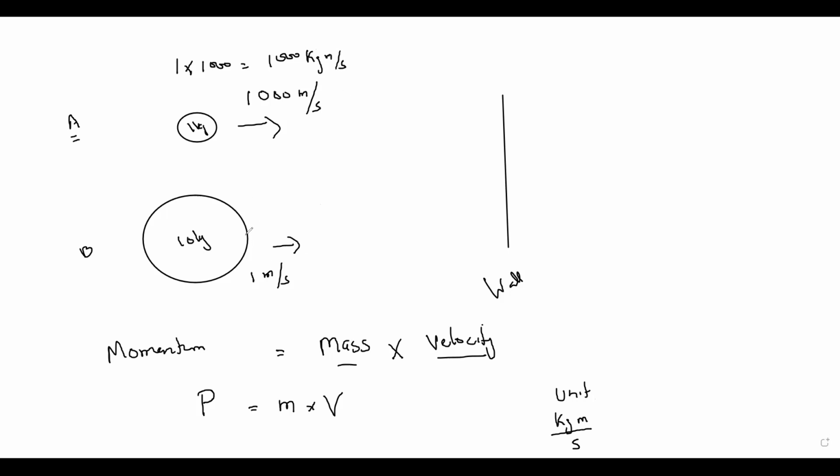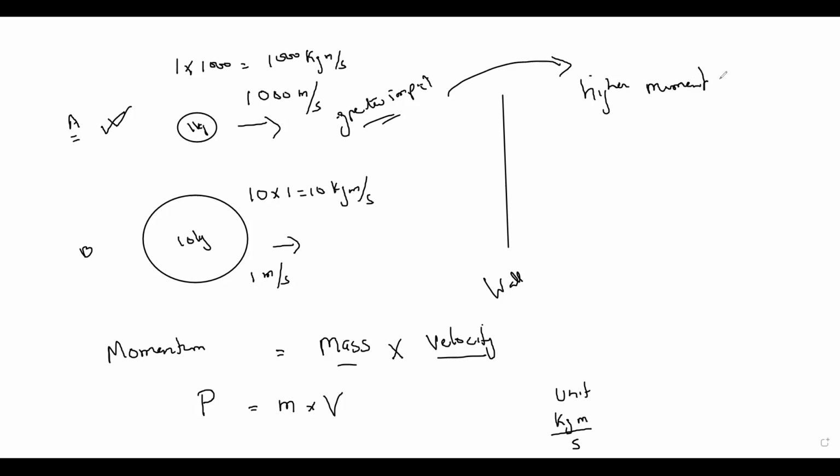And the momentum of object B is 10 multiplied by 1, which equals 10 kilogram meter per second. So you are right that object A will have a greater impact as compared to object B, because it has a higher momentum.